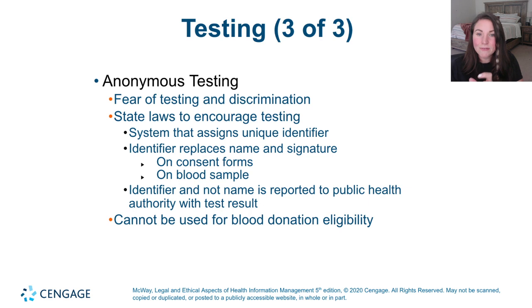Then that identifier is reported to the public health authority, not their name. Anonymous testing is not allowed for testing to see if you're eligible to donate blood or other tissues, though. Your name has to be included with that one.